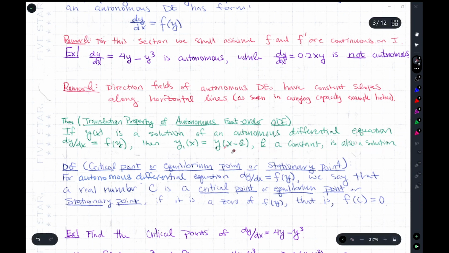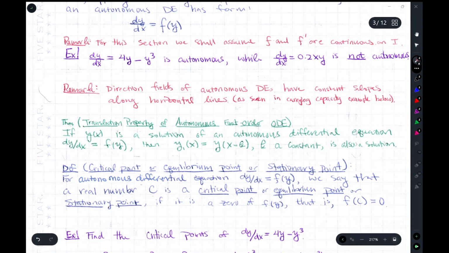Okay, now what is y(x minus k)? So this is basically a translation along the horizontal direction of a solution, okay? If k is positive, we're translating to the right. If k is negative, we're translating to the left. Okay?